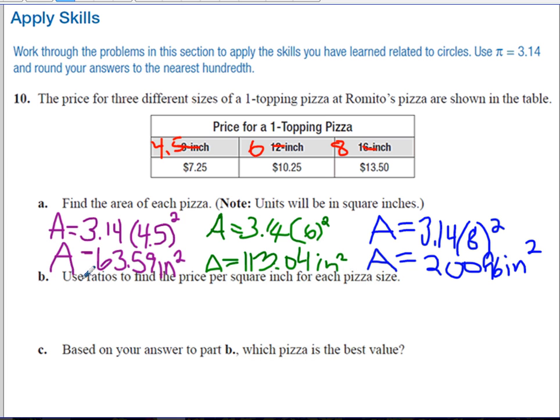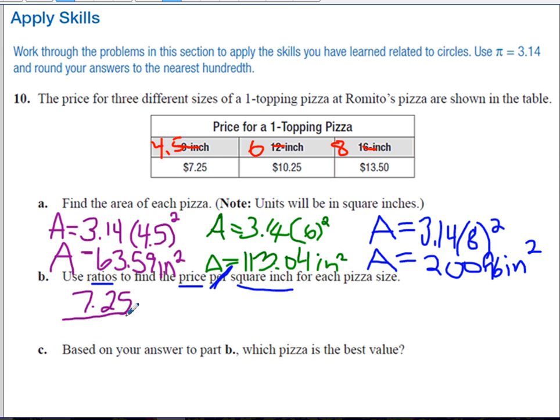Question B asks us to use a ratio to find the price per square inch. We know ratio is a fraction. The word per is where that divides from the top and the bottom. So it tells us we want price on the top and square inches on the bottom, which is our area. And so for our first pizza, we need to find the price in our chart, which is $7.25.